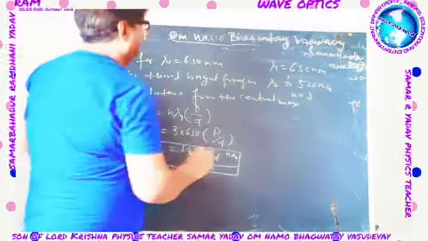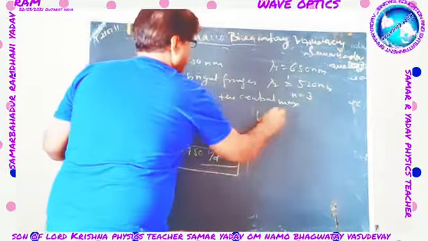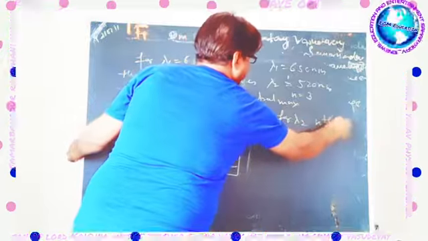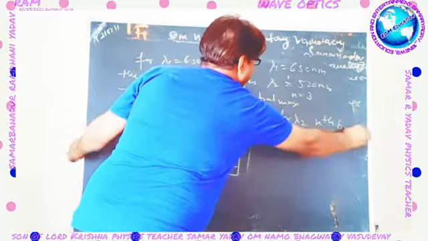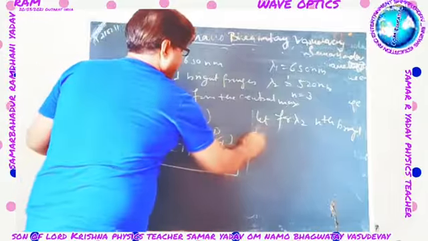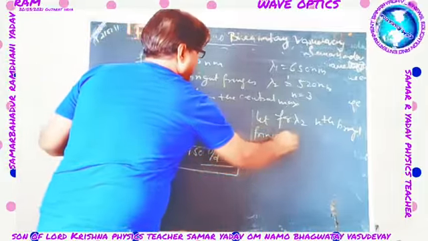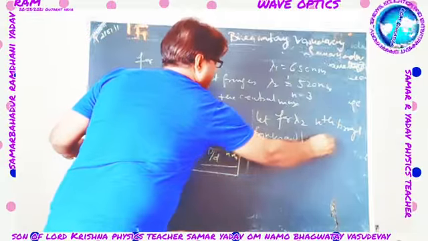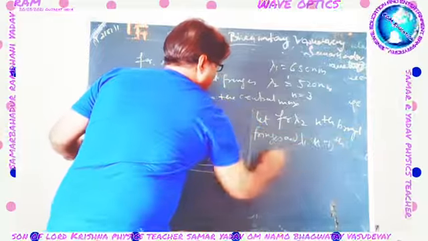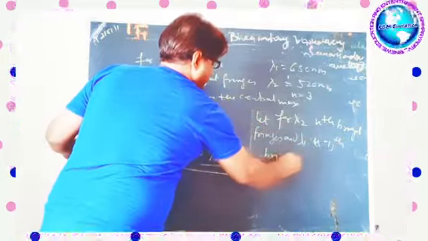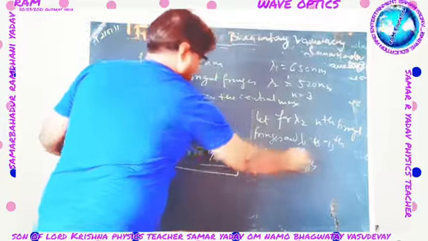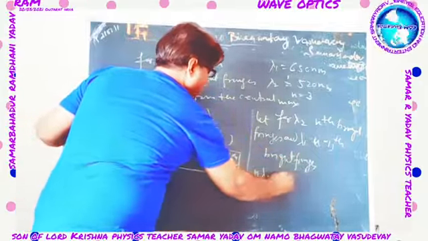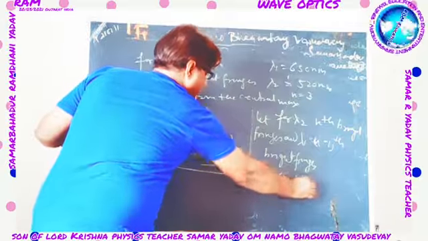Now next, let the nth bright fringe for lambda 2 and the n minus 1 bright fringe for lambda 1 coincide. So we get n lambda 2 is equal to n minus 1 lambda 1.